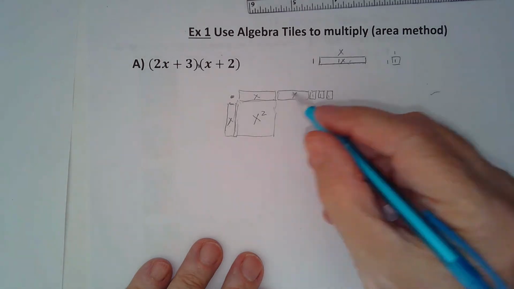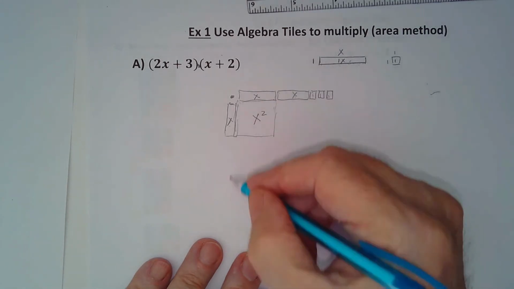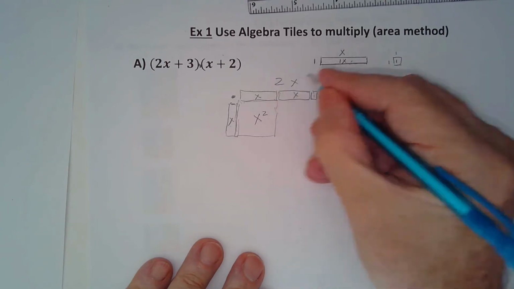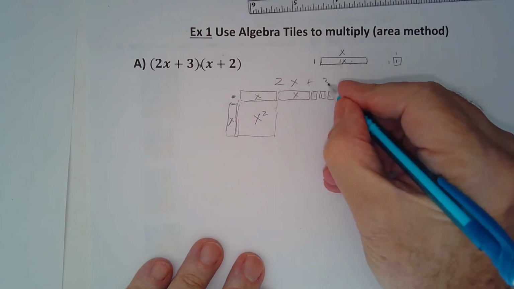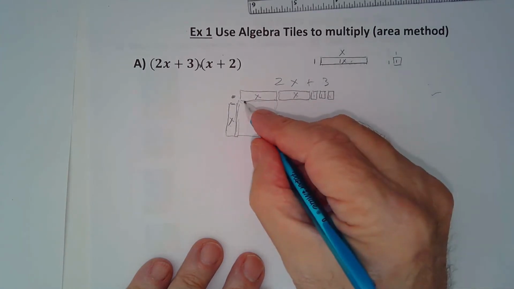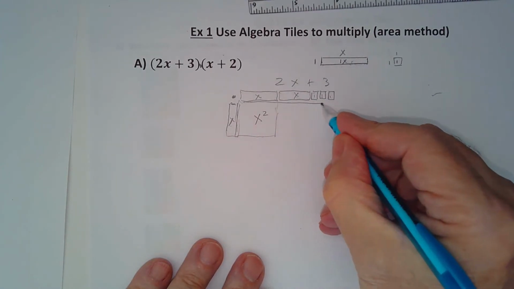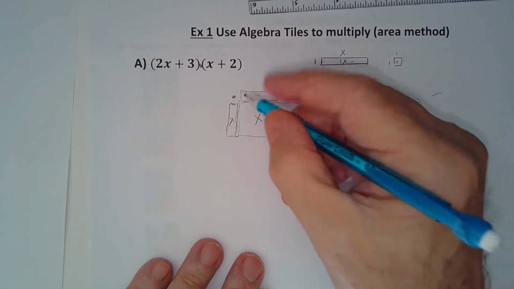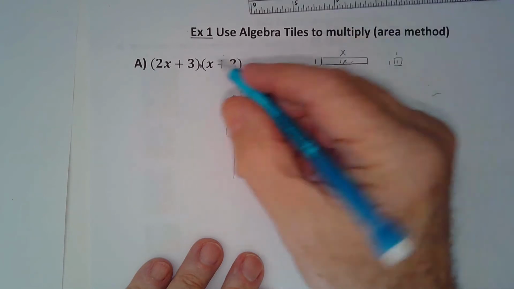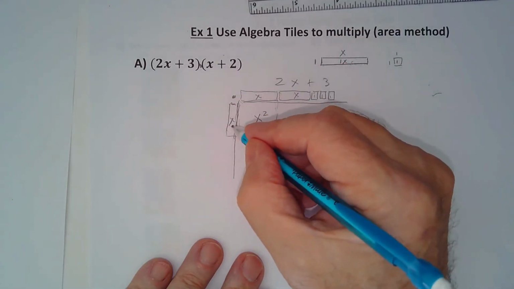So let's see, we can then go down the side. What does this represent? Again, it's 2x plus 3. That's what all this represents here on this line. Now down this side of our box, we're going to do x plus 2. So here's an x.